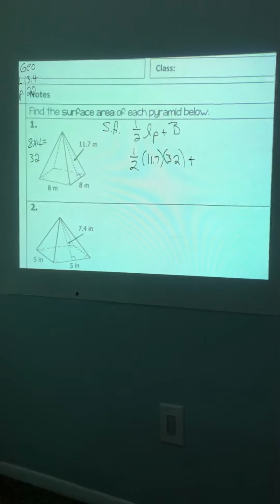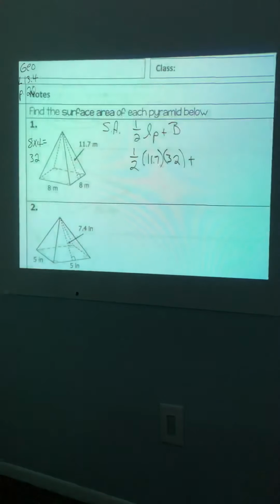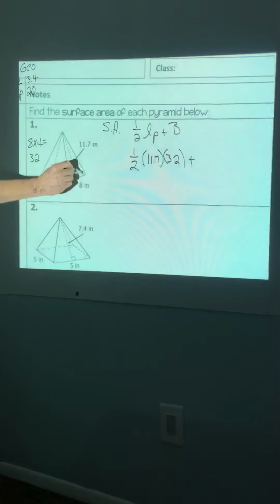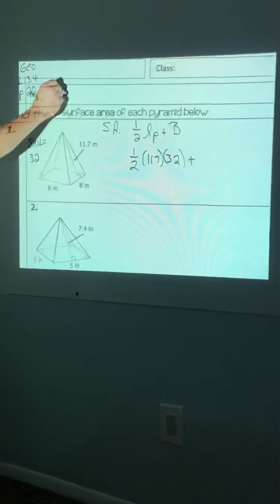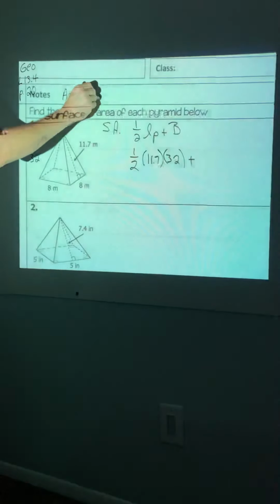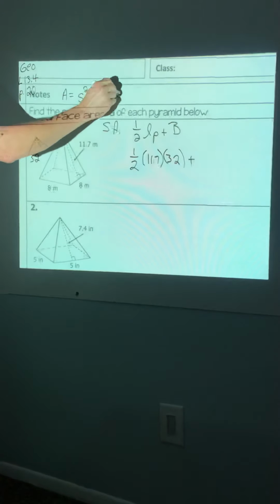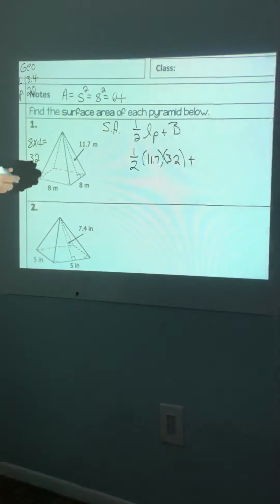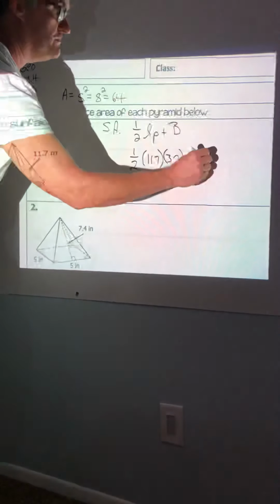Now we got to find the area of the base. So we are literally going back to lesson 1.4 on these videos. I told you it would come back to haunt us. Well, we said that base is a square, and the area formula for a square is take the side and square it. So you take the 8 and you square it, and you get 64. 64 meters squared, but for now I'm just going to put 64.